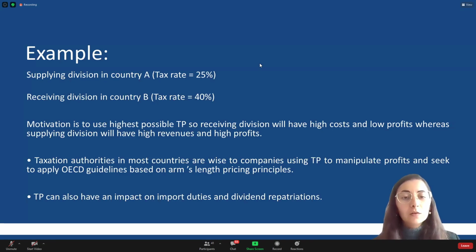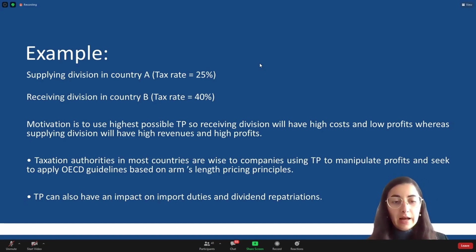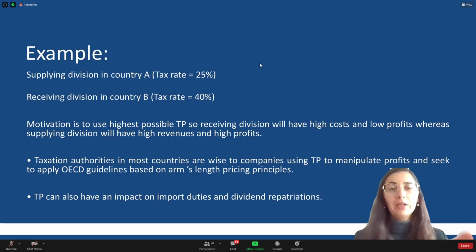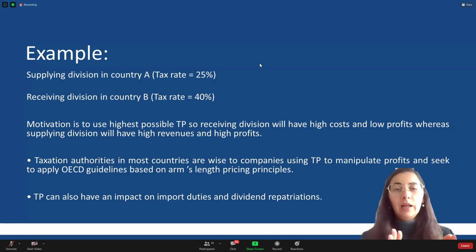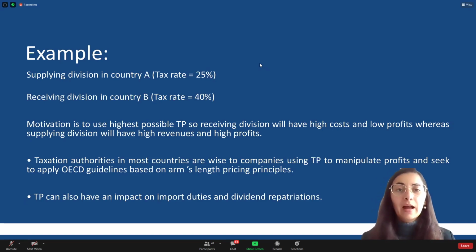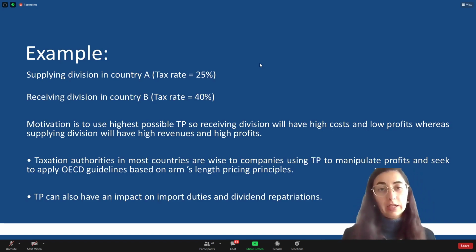No, there's also a link there to an article from Strategic Finance. So you can see it on Moodle, and it has a good example with international transfer pricing. It shows the example and the calculations of two divisions with different tax rates, and it shows the calculation step by step on the transfer price and the implication on profits and taxes.